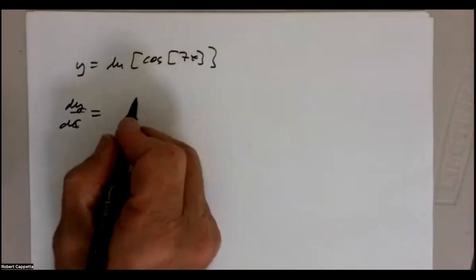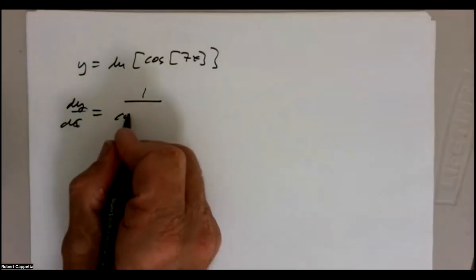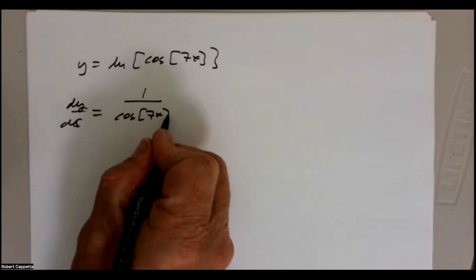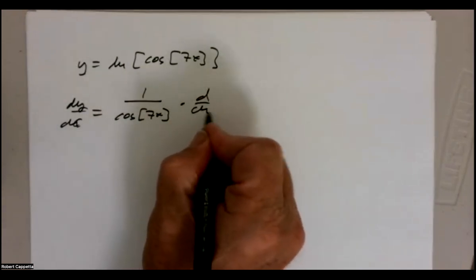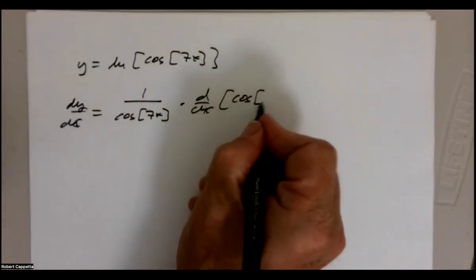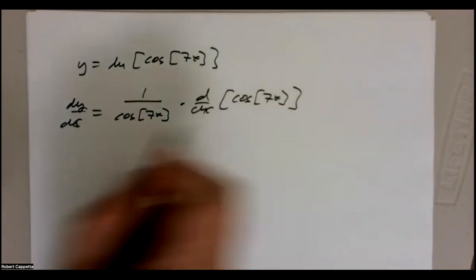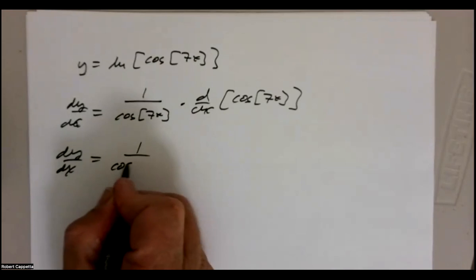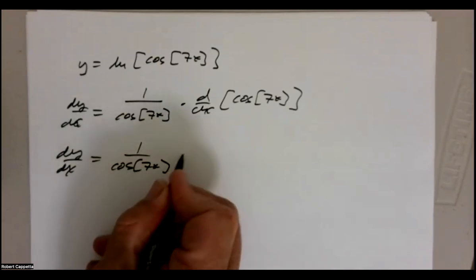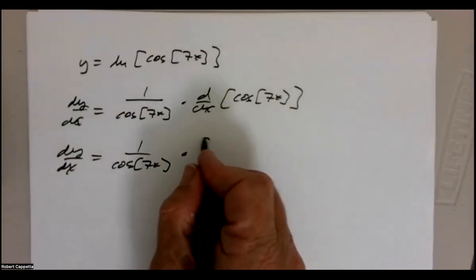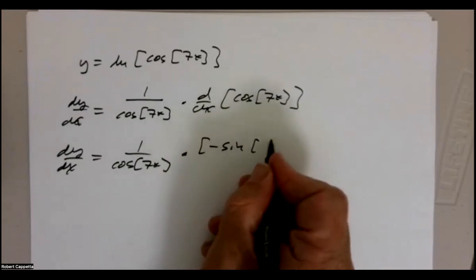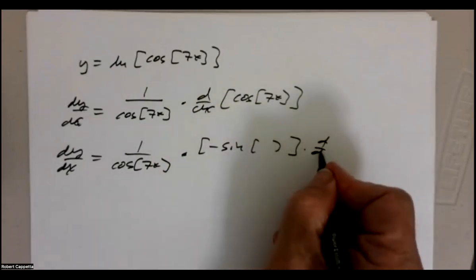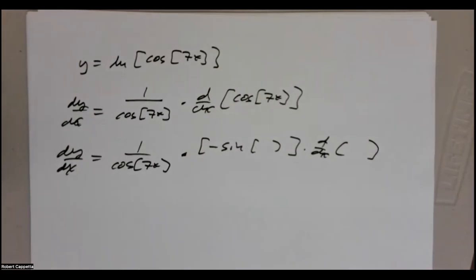The derivative of the log of something is 1 over the something times the derivative of the something. 1 over cos 7x. What's the derivative of cos of something? Minus the sine of something times the derivative of the something. The something this time is 7x.